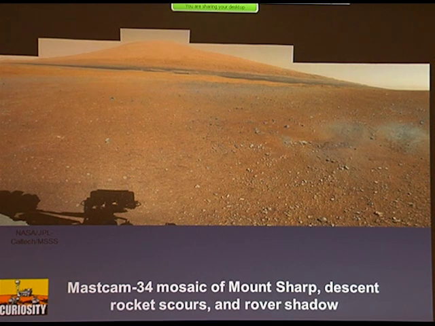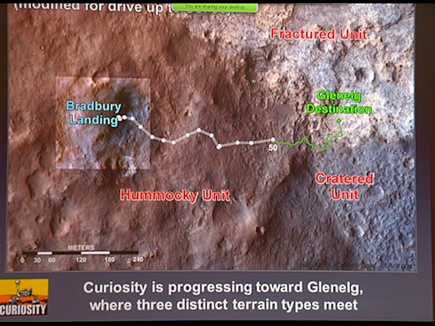So this is Mount Sharp. This is our destination. So that is a far, far away place, but we are on our way to going there. And so right now this is where we landed at Bradbury Landing, and we're driving to our first destination, which is Glen Elg.